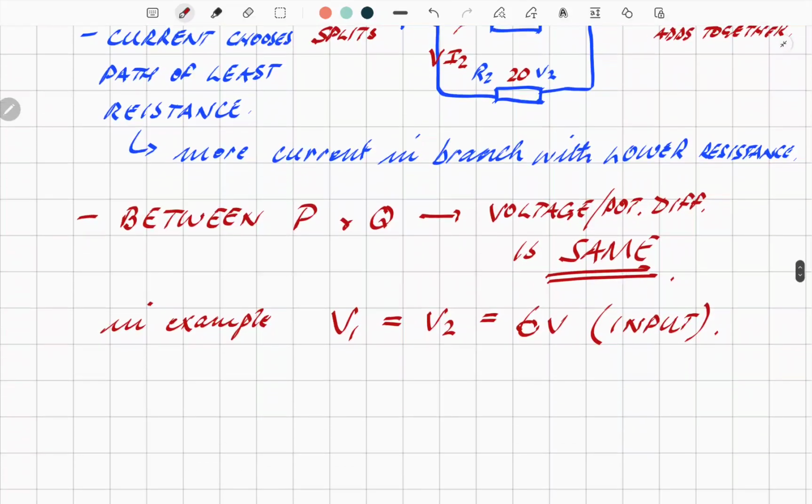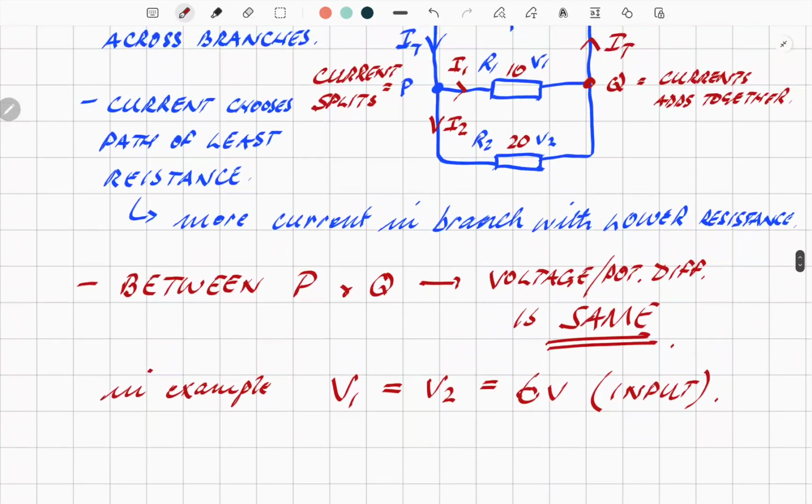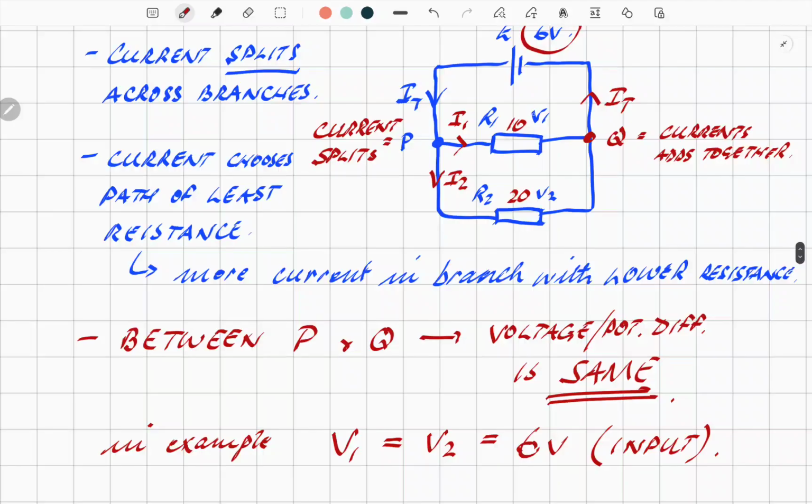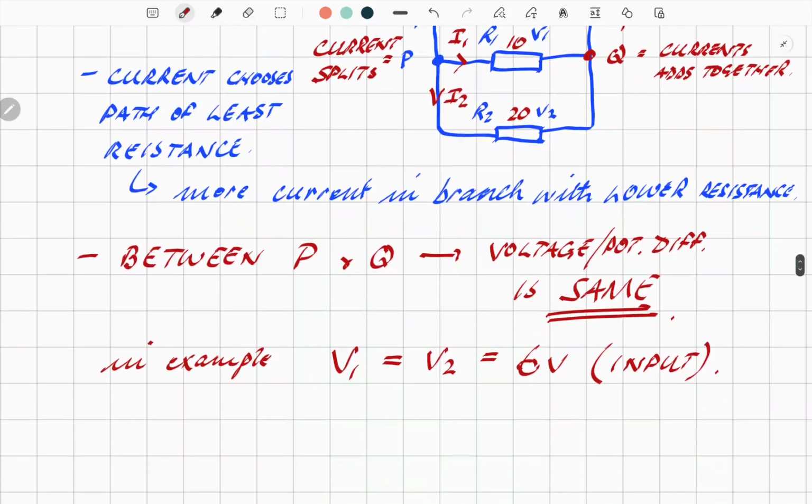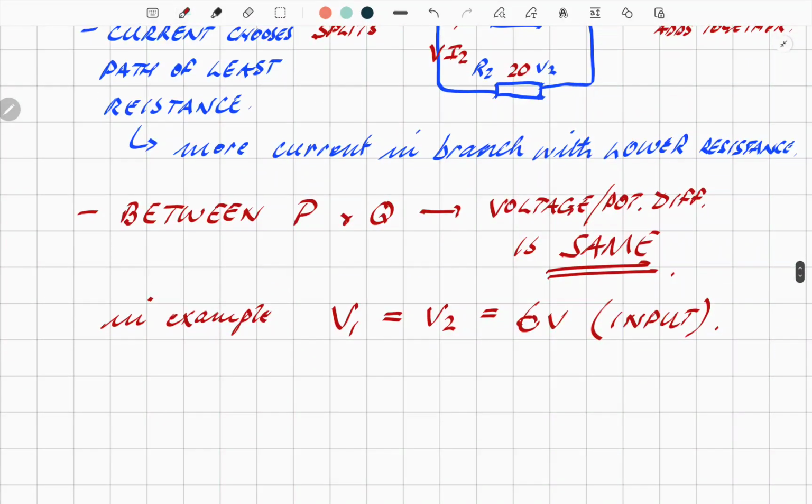And if we know that voltage and we know the resistor, we can now use V equals IR again to work out the current in each one. So for R1, the voltage equals that.